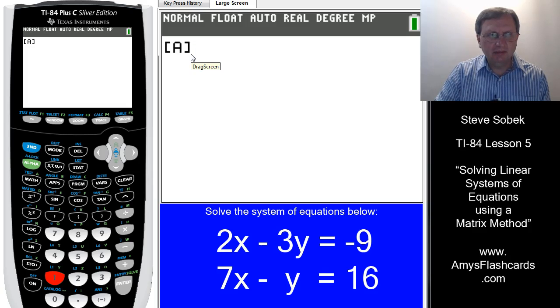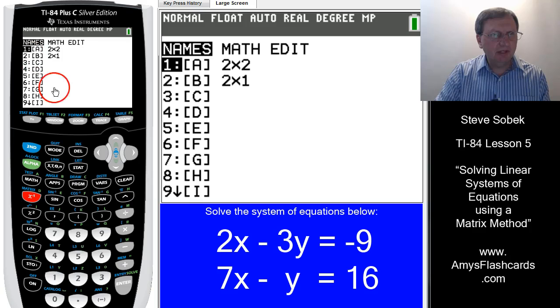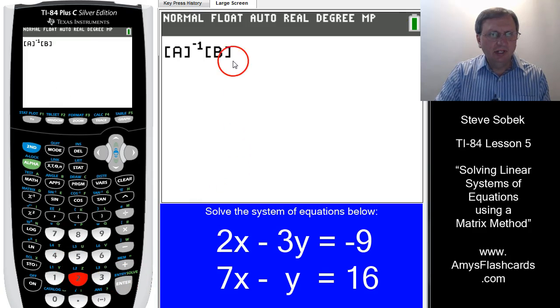Now I want this to be matrix A inverse, and so I hit the inverse button. Here's your inverse button over here, right above the x squared key. Hit that once. So now we have A inverse times, now we want the name of matrix B. So we hit second matrix. This time we choose number 2. And there it is. That's the expression which, when evaluated, will yield our solution.